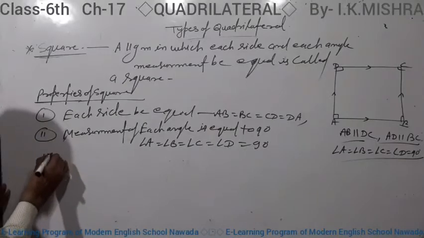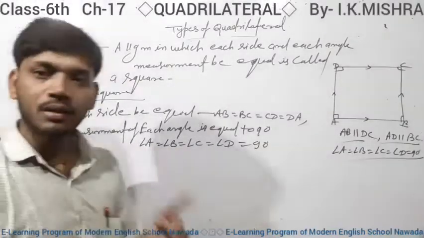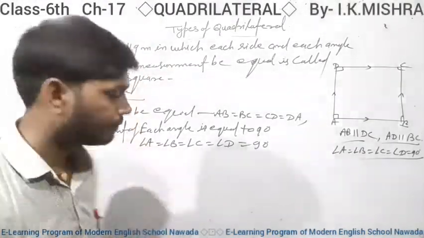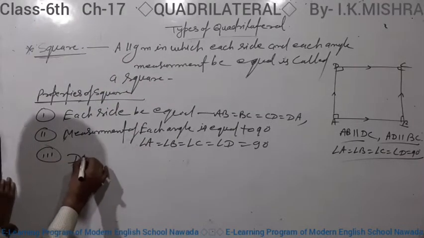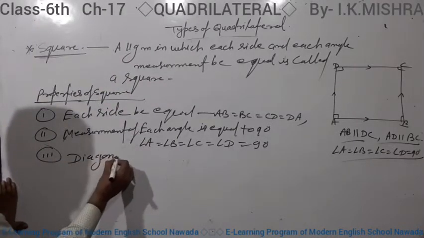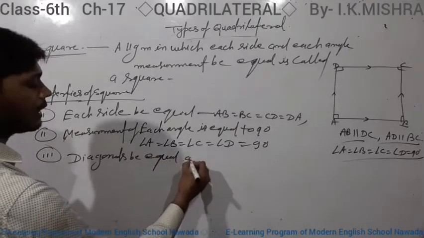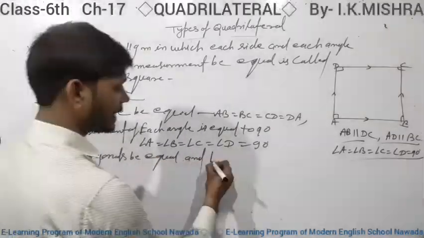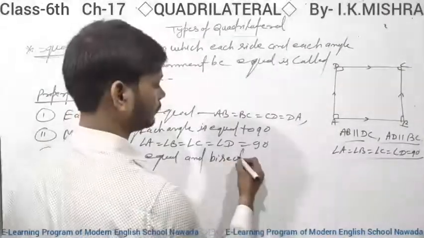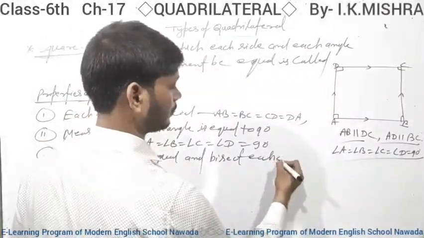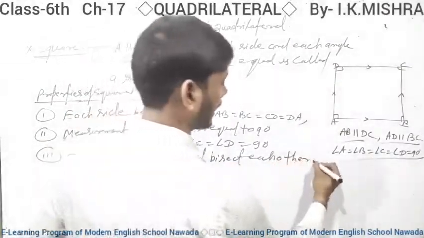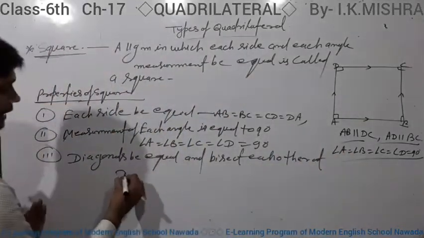And students, third number, its diagonals are also equal. Diagonals are equal and bisect each other at right angle.